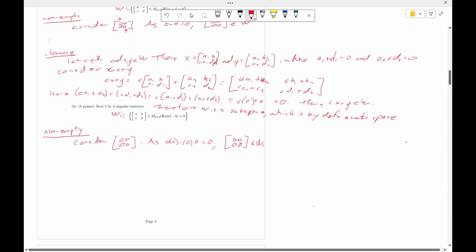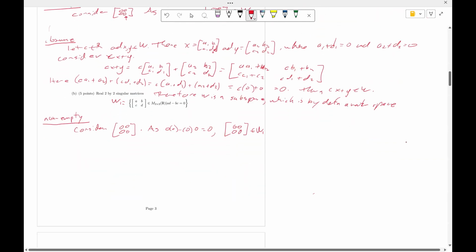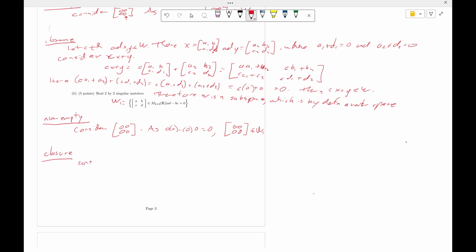Now we want to prove that part B is either closed or not closed. What you can do is consider two generic elements and a constant and expand it. What you'll get is 0 plus terms plus 0, and it has to do with the multiplication of AD and BC. But we're going to consider specific counterexamples: C equaling 1, X equaling 1, 0, 0, 0, and Y equaling 0, 0, 0, 1.